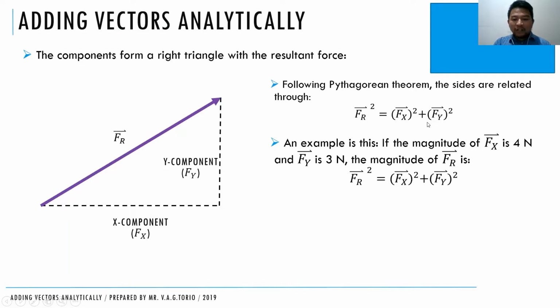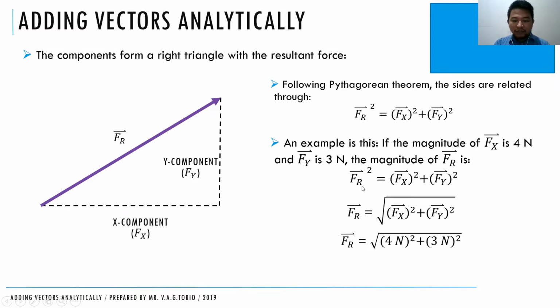We can now consider a particular example wherein the components f sub x and f sub y are given. The value of f sub x, for example, is 4 newtons, and the value of f sub y is 3 newtons. We now can determine f sub r, or the magnitude of the resultant force. That means the length of this particular vector, using the Pythagorean relation.